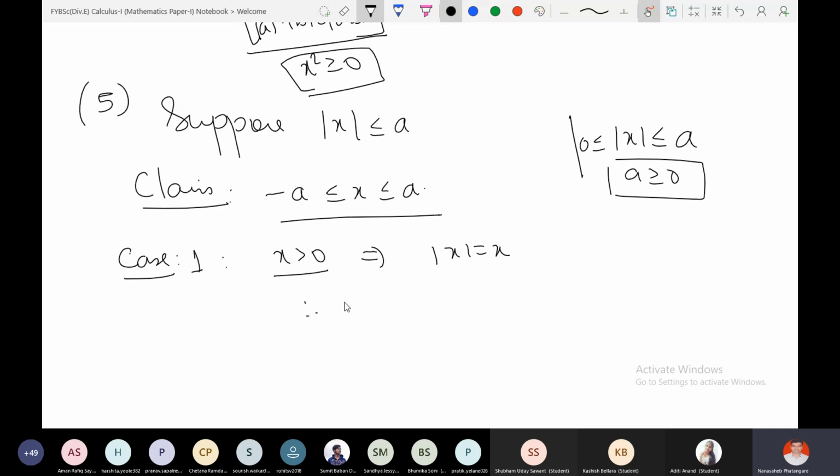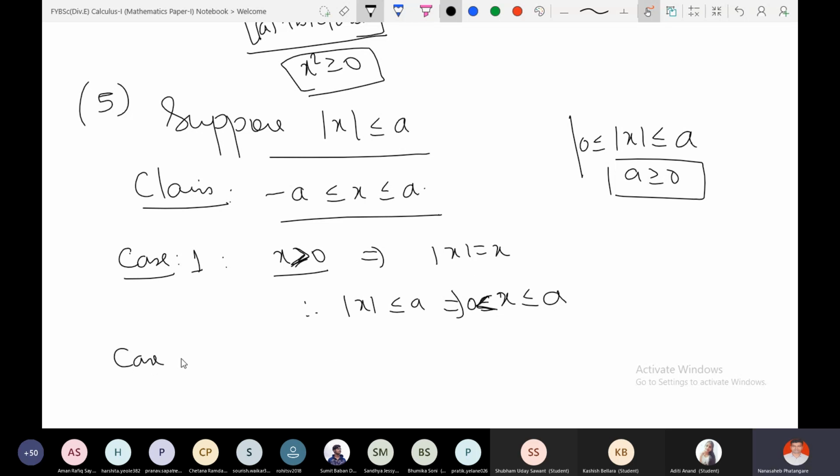And therefore, this is our hypothesis: absolute value of x less than or equal to a is equivalent to saying that x is less than or equal to a, but we are already assuming that x is positive, strictly greater than 0. In the case of 0, the absolute value is 0, that is not an issue.